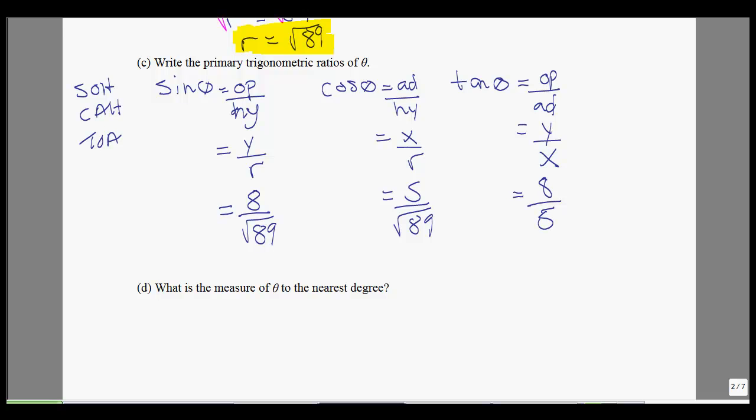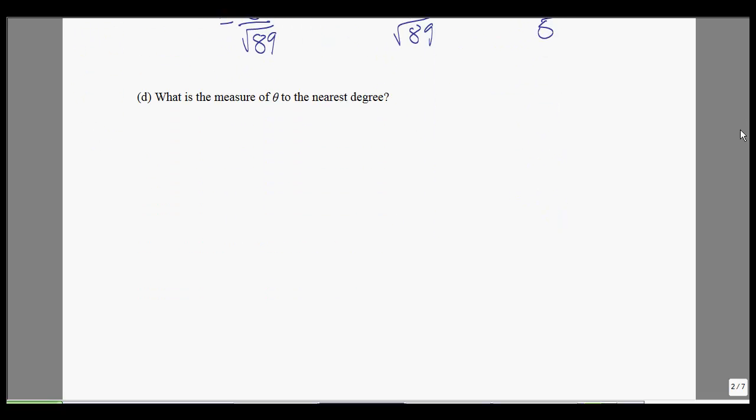Moving on to part D of this question, we have, what is the measure of theta to the nearest degree? So now we actually want to find what our angle theta is. We can do that by manipulating one of our trigonometric ratios. Let's use tan theta equals 8 over 5 because it has a nice fraction there.